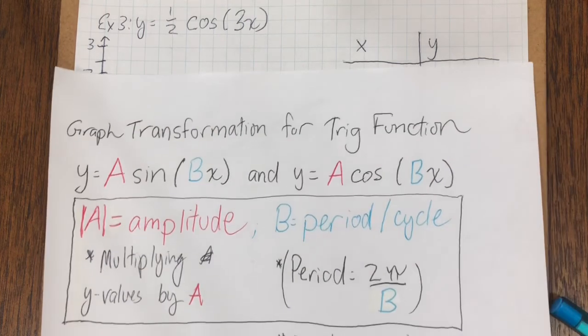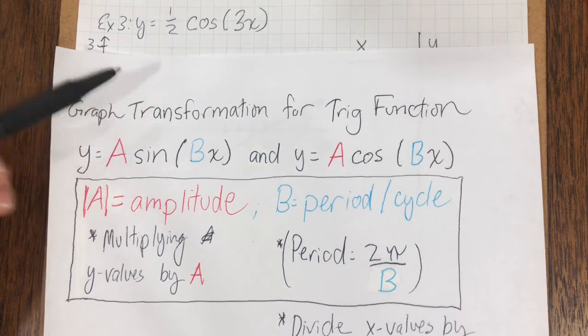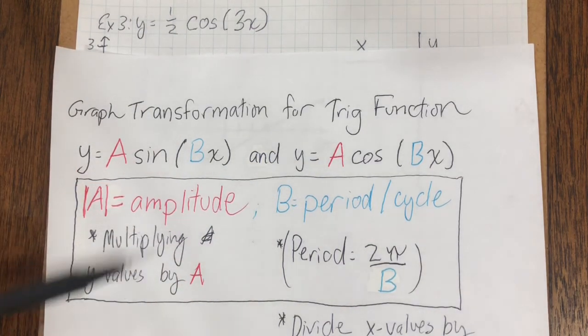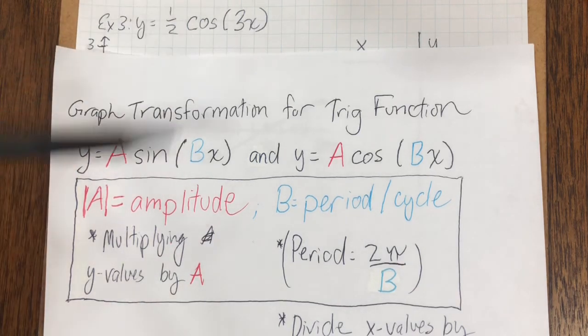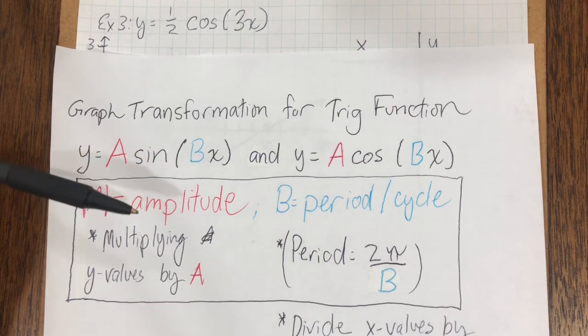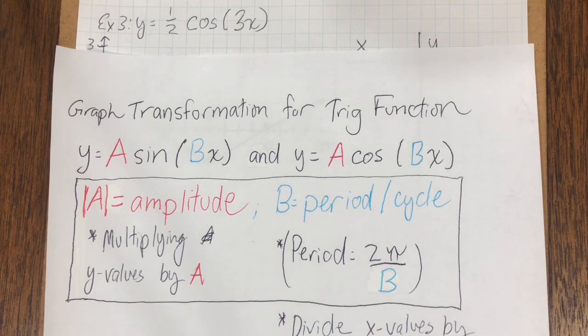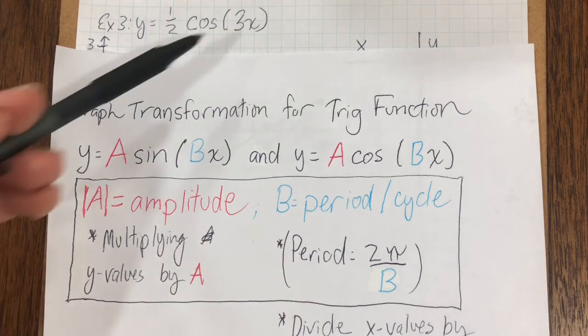So if I were to match the 1/2 to either a or b, we see 1/2 is in the same spot as a, which is a change of amplitude. And if you guys recall in the first example, when we had the number in front of a trig function, we were to multiply the y values by a. So that means I'm going to multiply each y value by 1/2. And then we have the period, which is the number in front of x.